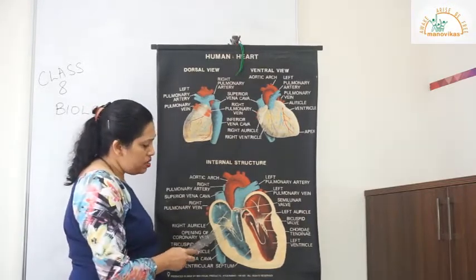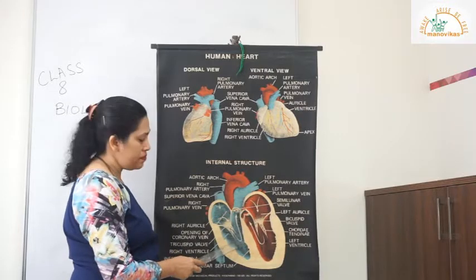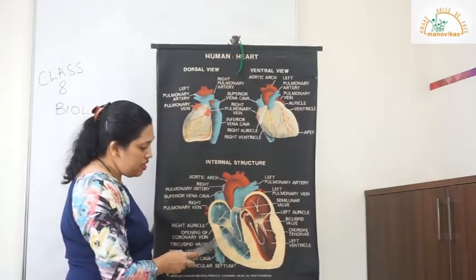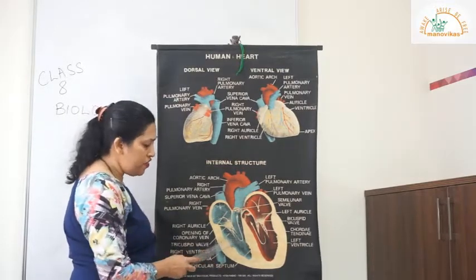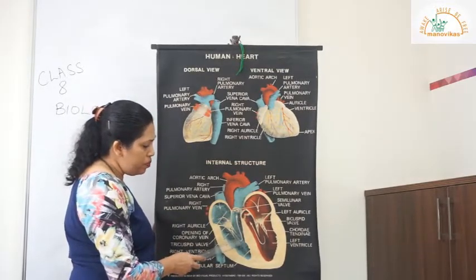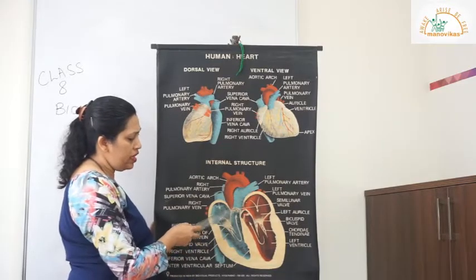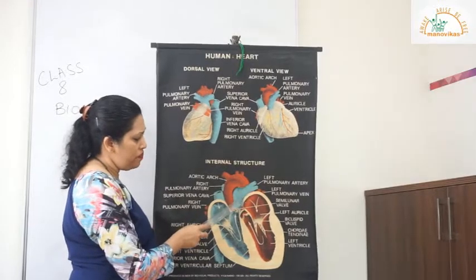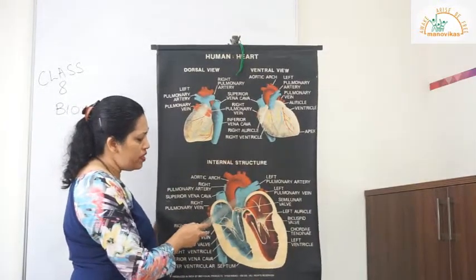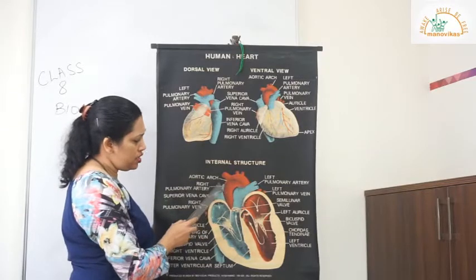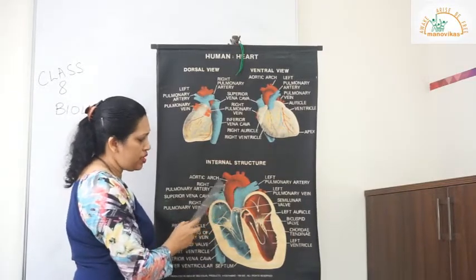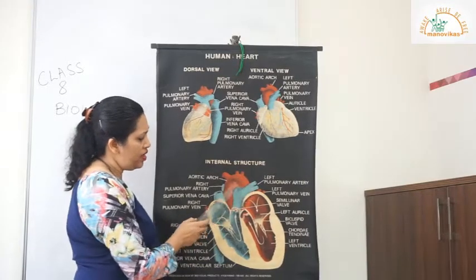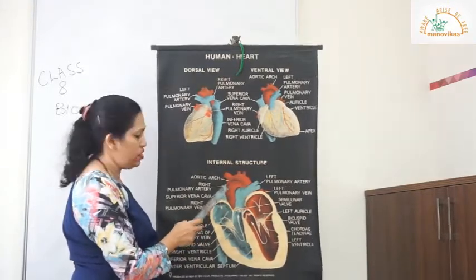As soon as the blood reaches the ventricles on both sides, they are filled. When they are filled, the blood is pushed to the next part, which is actually the pulmonary trunk, and then this pulmonary trunk divides into two arteries: the left pulmonary artery and the right pulmonary artery.